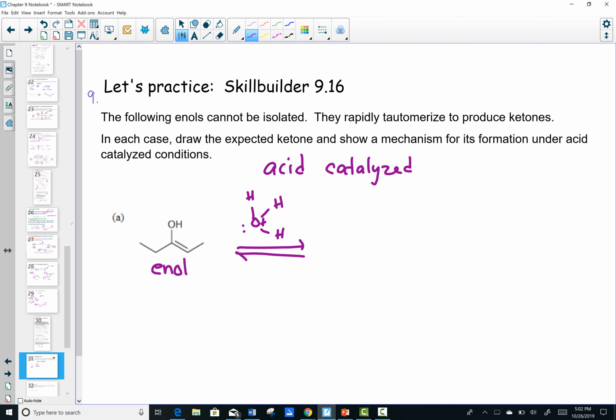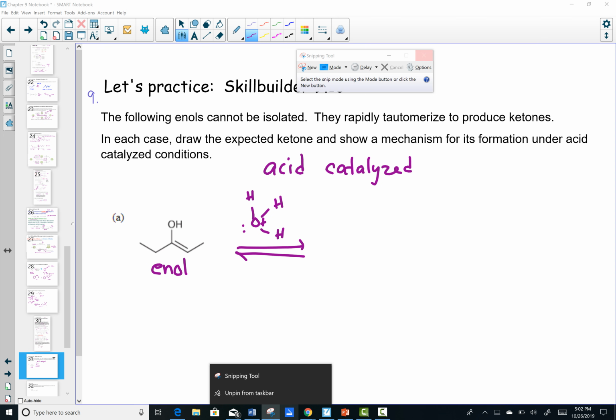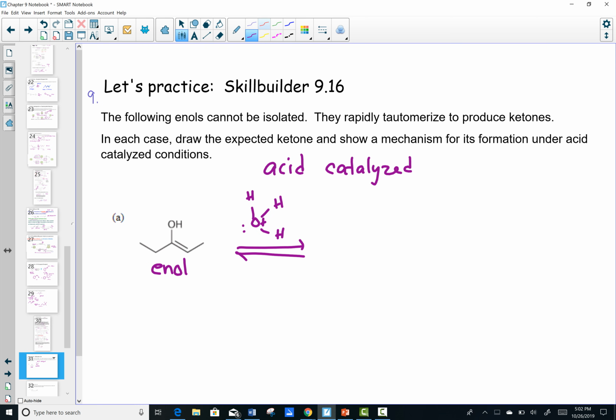The pi bond of the enol is going to reach out and pluck off one of these hydrogens. So the first arrow originates at the pi bond, and it's going to connect to one of the 3 protons in the hydronium ion. That forces this bond to collapse.